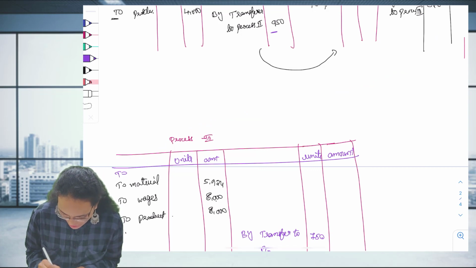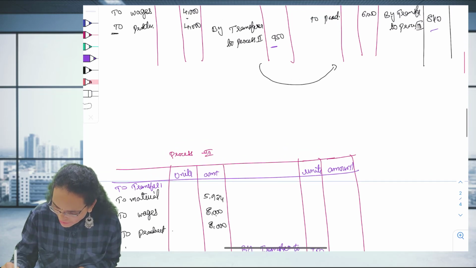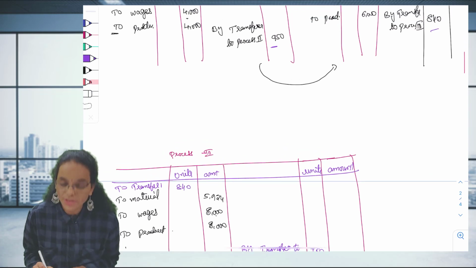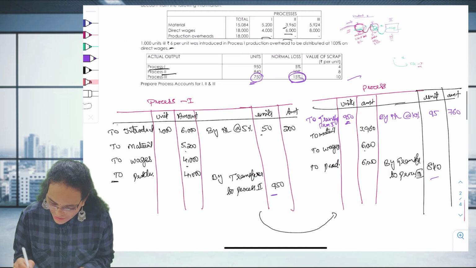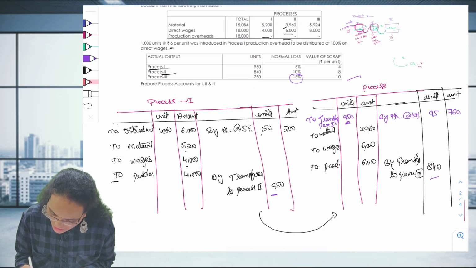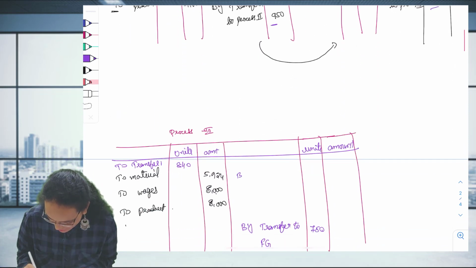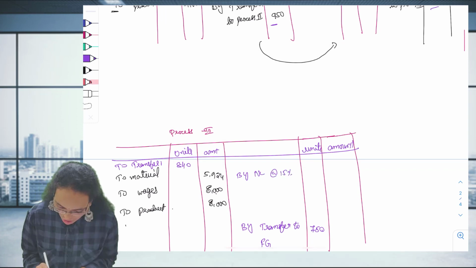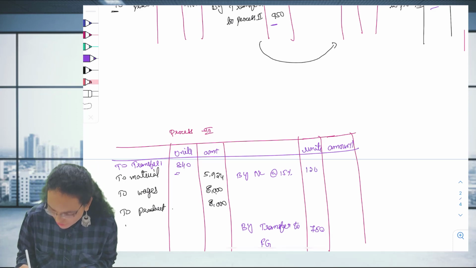So you write here, transfer from process 2. How many units? 840 units. Rate, as of now we don't know. We need to calculate it. Next, 15% is the normal loss. So come back here. By normal loss at the rate of 15% of input 840. 840 into 15% is 126 units.